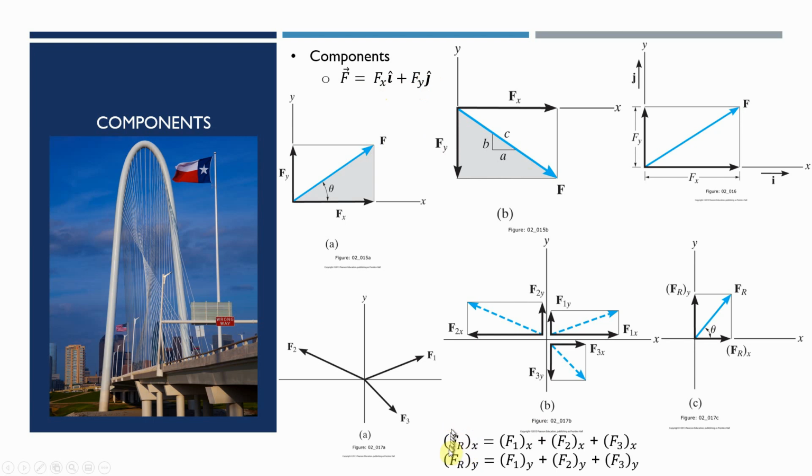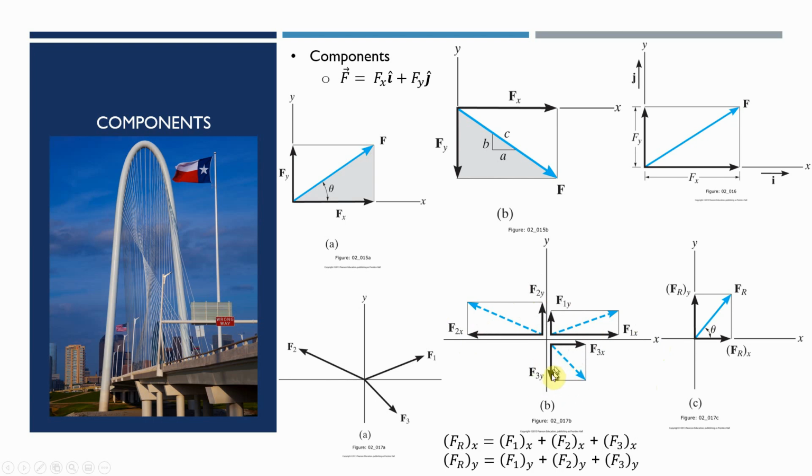So for the resultant, you just add components when you're adding vectors. You break it down to all the components, and then the total amount in the x direction is F1x plus F2x plus F3x. Total amount in the y direction is F1y plus F2y plus F3y.